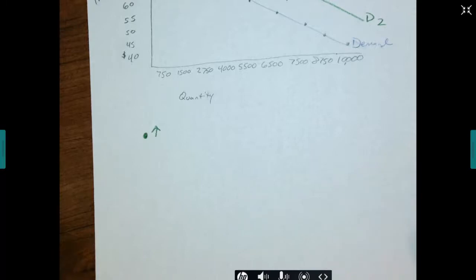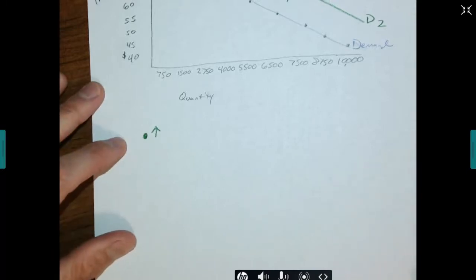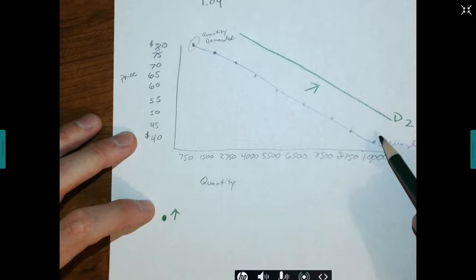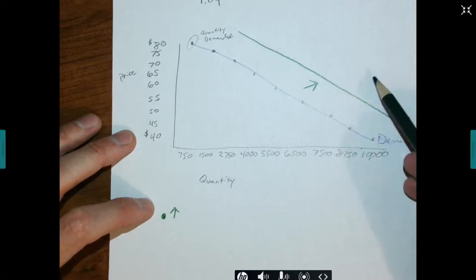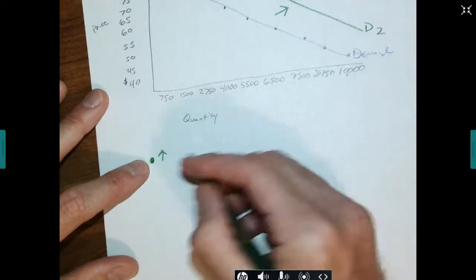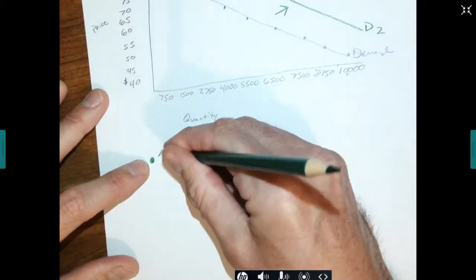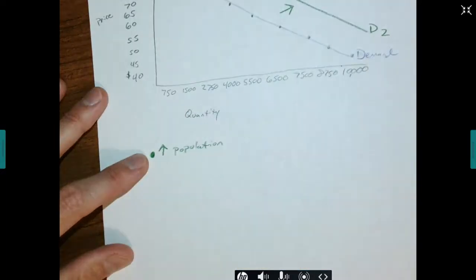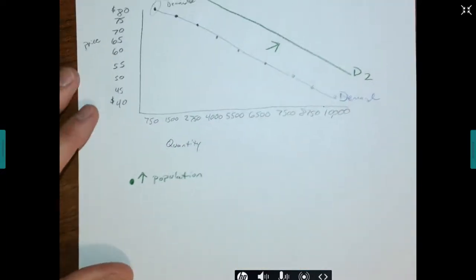You could have an increase in the price of a substitute. So if this was our Coca-Cola, if the substitute price of Pepsi became more expensive, or if the complement price were to go down, all these are different things. So let's just make it easy. Use the increase of population, you know, that could cause an increase in demand, that people want to go ahead and have more of it.